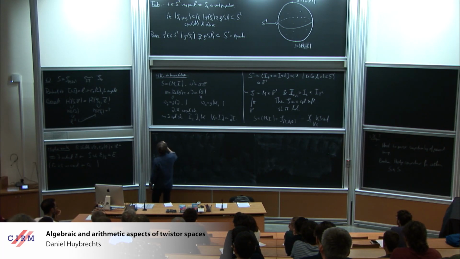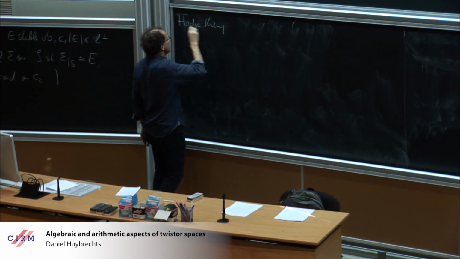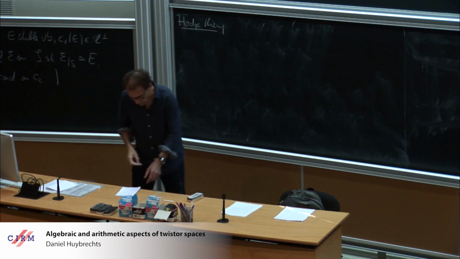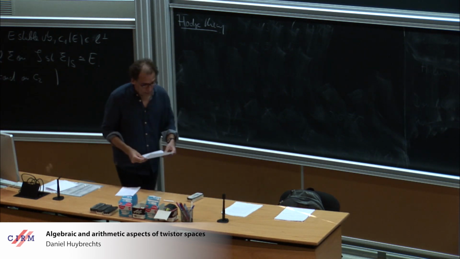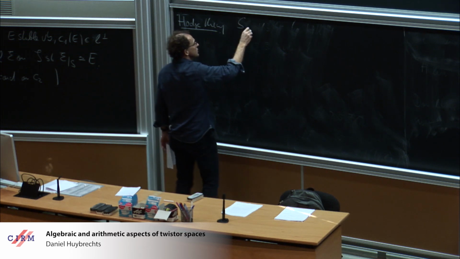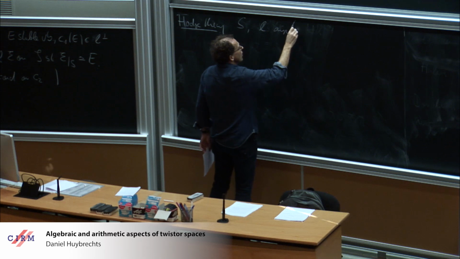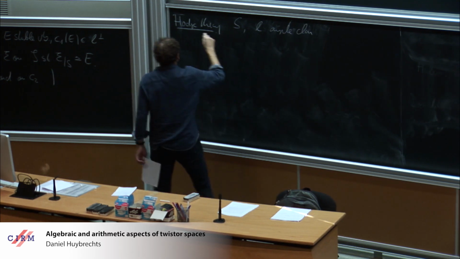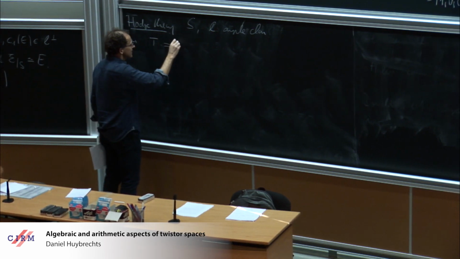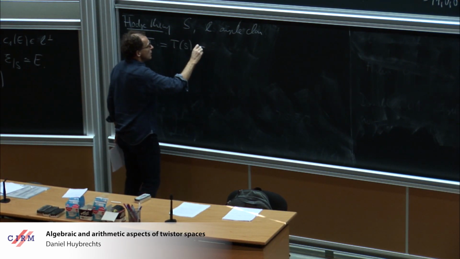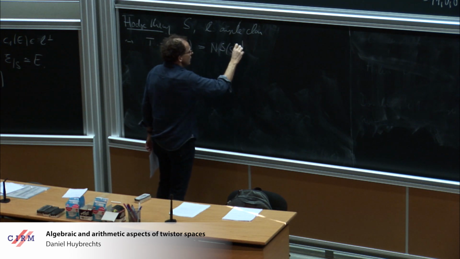Okay, so let's talk about the Hodge theory. Again, S is our projective K3 surface, L is an ample class. And then the main structure we need is the transcendental lattice. Let me call it just T(S). By definition, that is the orthogonal complement of the Néron-Severi lattice.